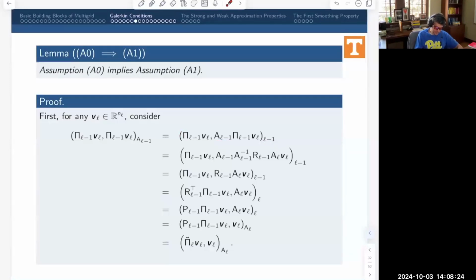Then let's use the definition of this operator. Remember, that's just AL-1 inverse RL-1 AL, but it's multiplied now by AL-1. They annihilate each other, and what I'm left with is pi L-1 VL, RL-1 AL VL.